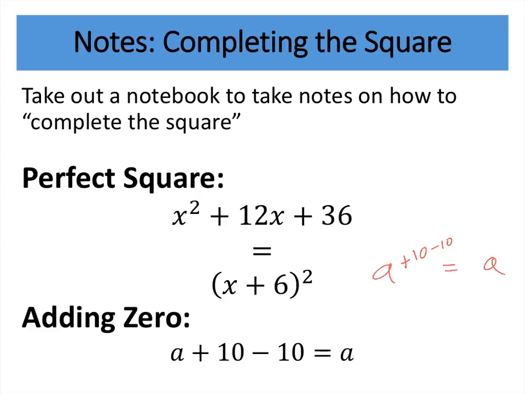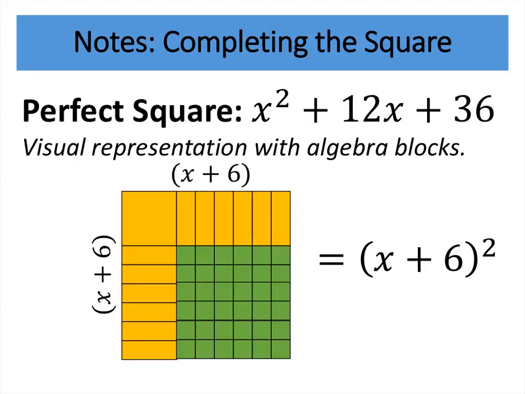And notice that 10 minus 10, they cancel each other out, so I get a when I come out. So if I were to do those two things, the plus 10 and then the minus 10, that's kind of like I'm adding this funky form of zero. And it's going to be very helpful for us as we work to complete the square. So those are the two big things that you really need to understand in order to understand completing the square.